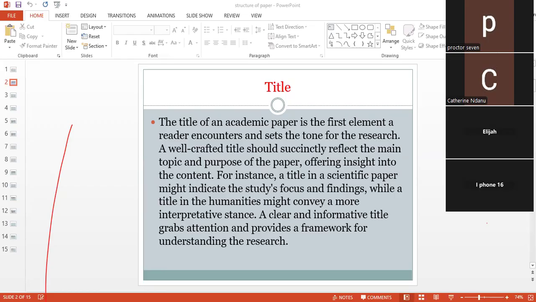Let me see if I can find my Google Scholar page, so that we refer to some.